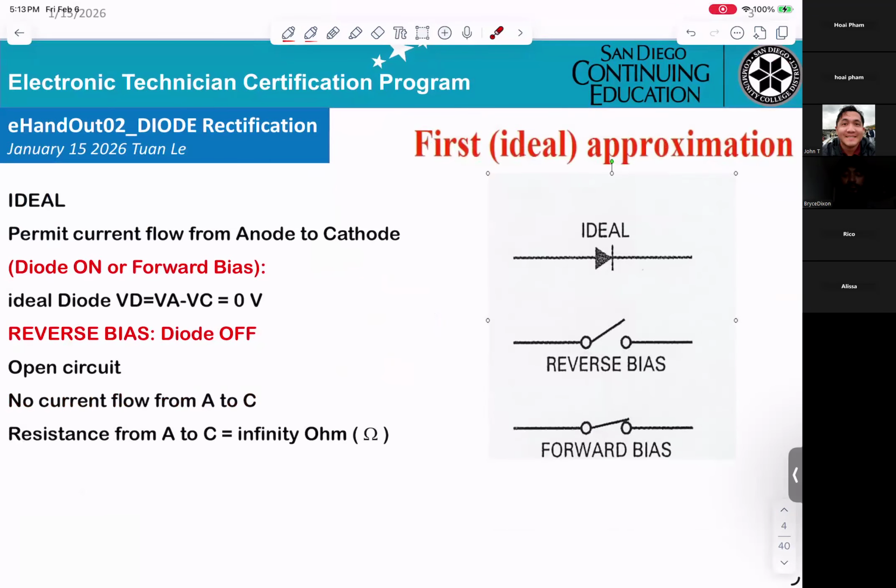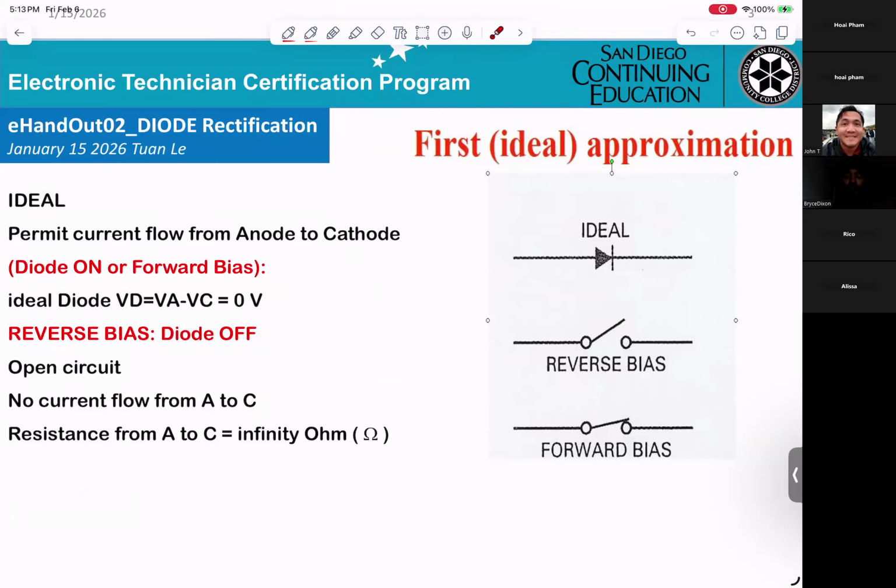Now, they just give you the diode, ideal. Normally the diode, when they open, is like a switch right here, open. The only thing they know is current flowing from anode to cathode.